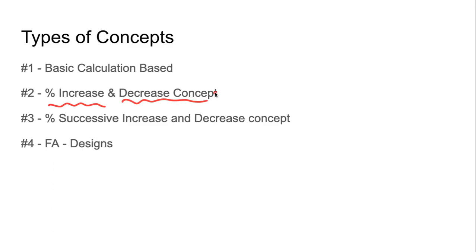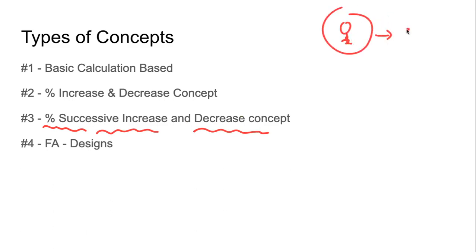Okay, fine. So the next one is the successive increase decrease concept. Instead of representing a single percentage, they might give multiple percentage increases and decreases in the same problem. Let's assume there is a person Raju. He gets some salary, and he spends some amount of money on rent.